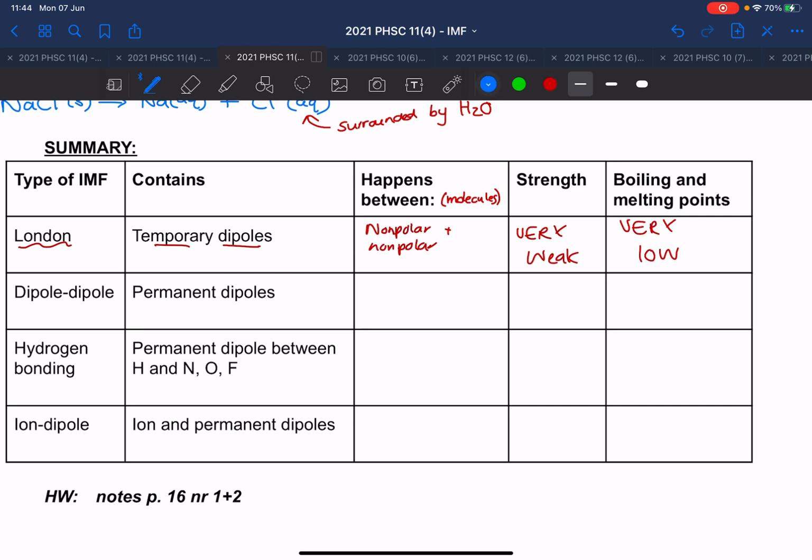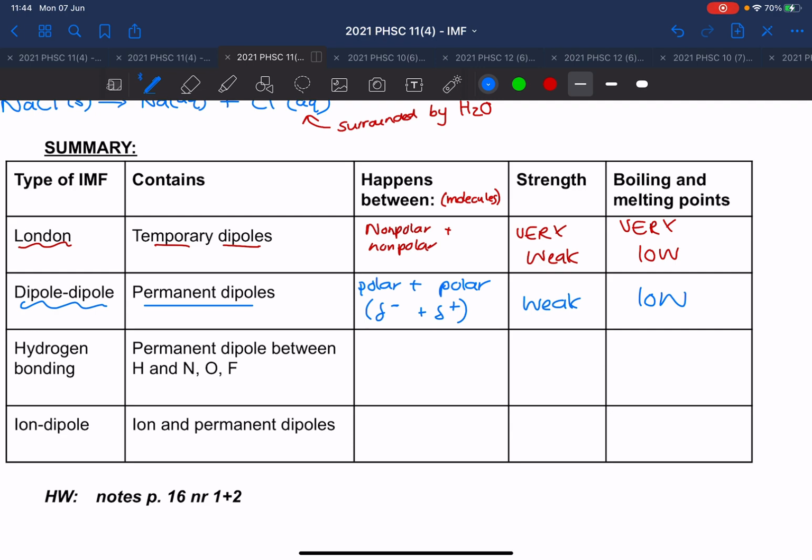Then we looked at dipole-dipole forces, so they are between permanent dipoles. So they are between polar molecules and polar molecules. Polar meaning they have a negative and a positive side. Those forces are not very weak, but they are relatively weak, so we just write weak, and the melting and boiling points are thus relatively low. They're not very low, but they're not high.